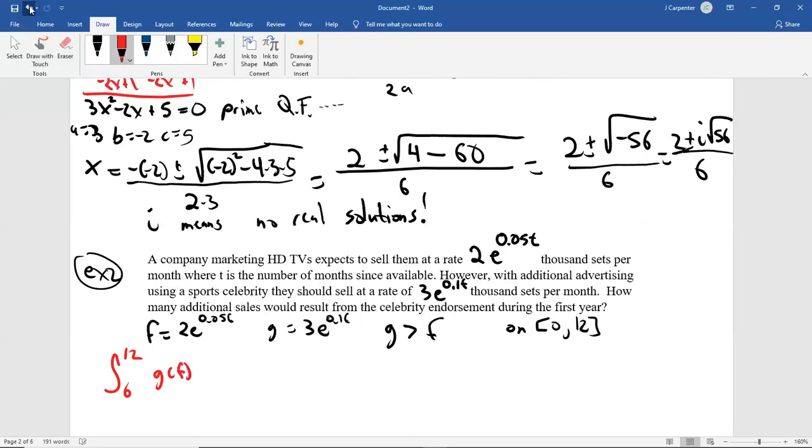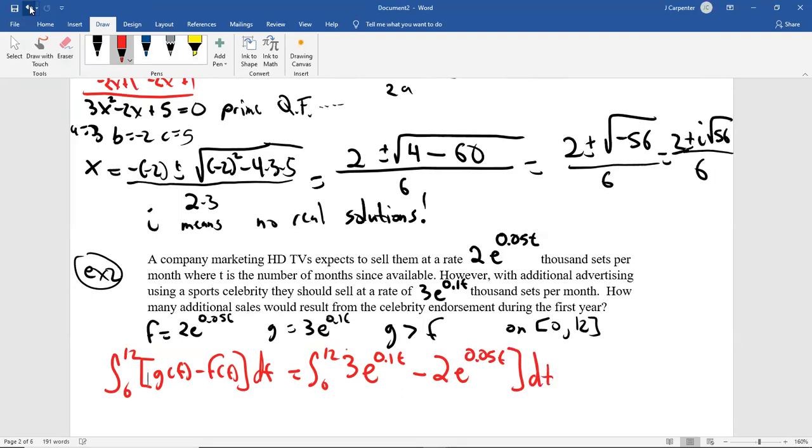G of t minus f of t, and we're integrating over dt. So this is the integral from 0 to 12 of 3e to the 0.1t minus 2e to the 0.05t.